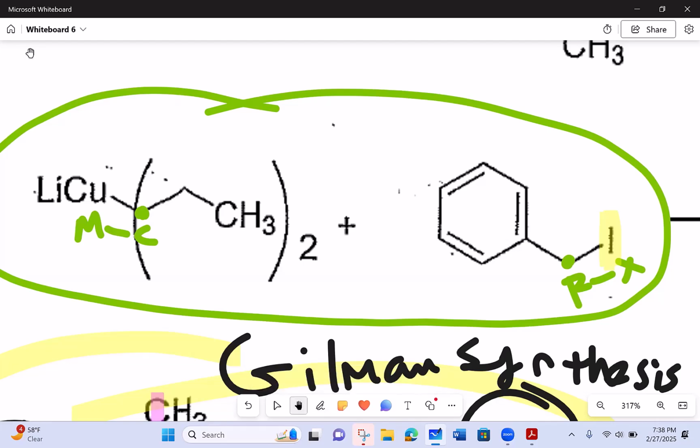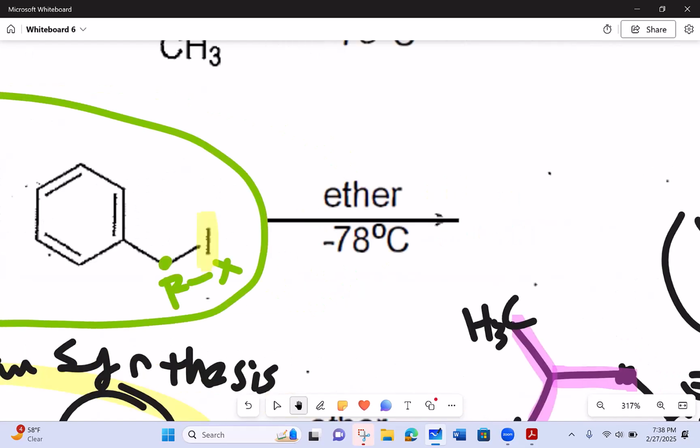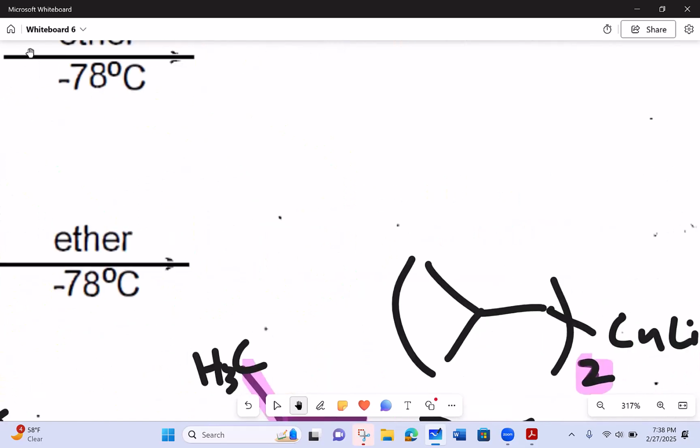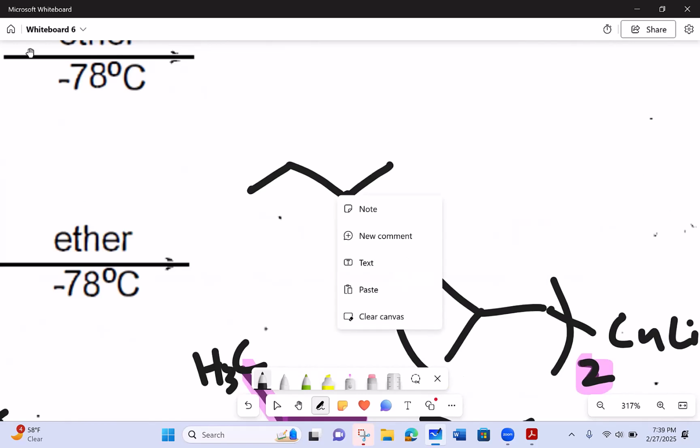Okay. So let's go to here. Now we're going to take these two and put them together. So we've got a 3-carbon chain: 1, 2, 3. I'll put a dot right there. And then that is going to be connected to the carbon where iodine was on that aromatic system.